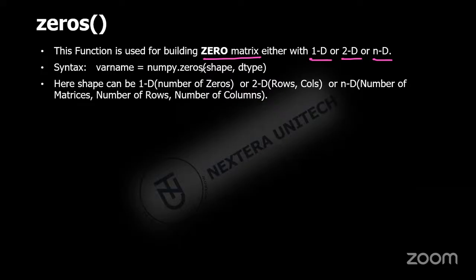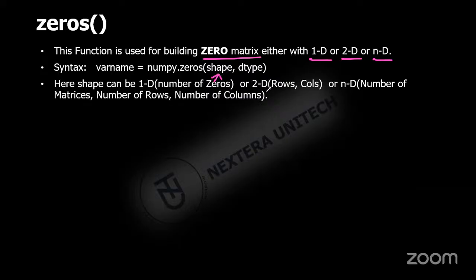The syntax for zeros is numpy.zeros of shape comma dtype. We have to specify the shape. The shape can be one dimension, two dimension, or n dimension also. If you want an array with only one dimension of zeros, you just specify the number of zeros here.